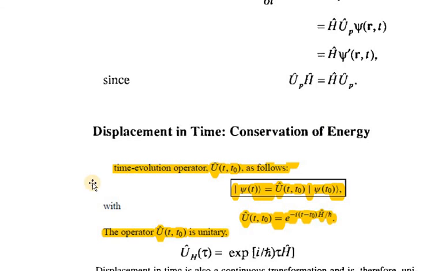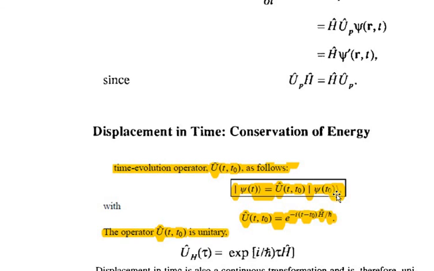We know the time evolution operator U of t, t0, which when it operates on the ket psi of t0, transforms it to ket psi of t. We have already known this expression. That means ket psi of t equal to U of t, t0 ket psi of t0.